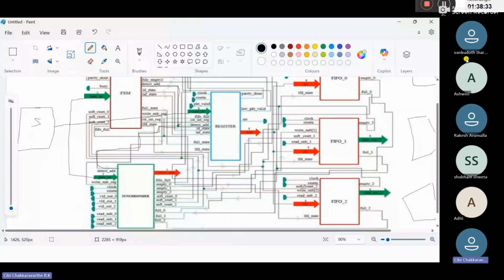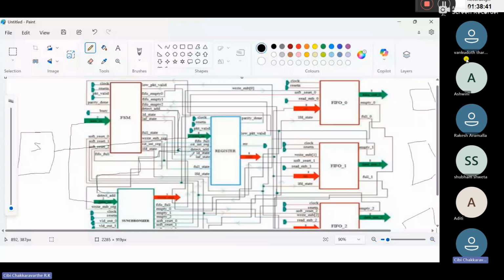For example, if we need to assert the signal load first state here in the register, we should assert it only once we are in that particular state. For example, after we assert this direct address, what is our next state? Our next state will be load first data. See this last signal of this register, load first data state.